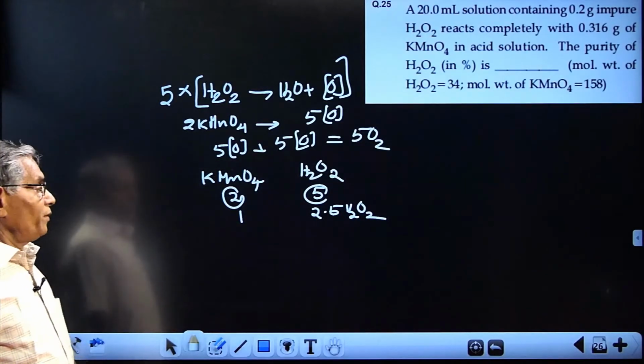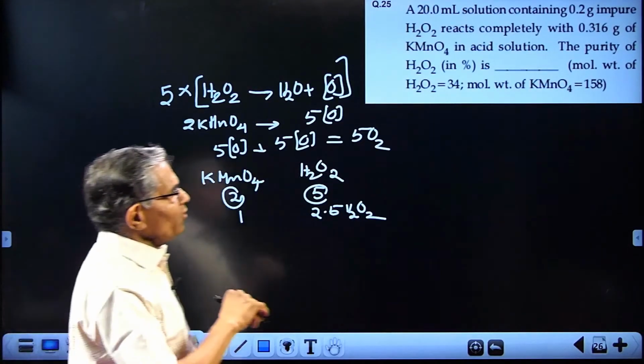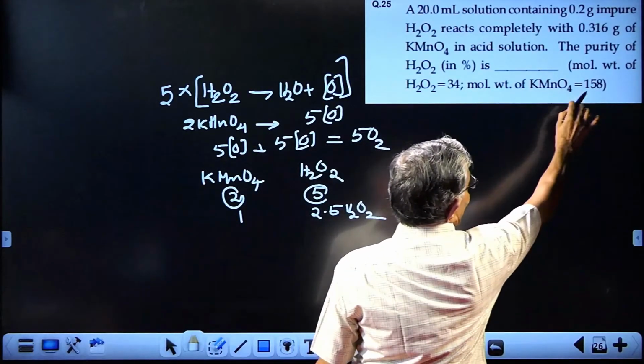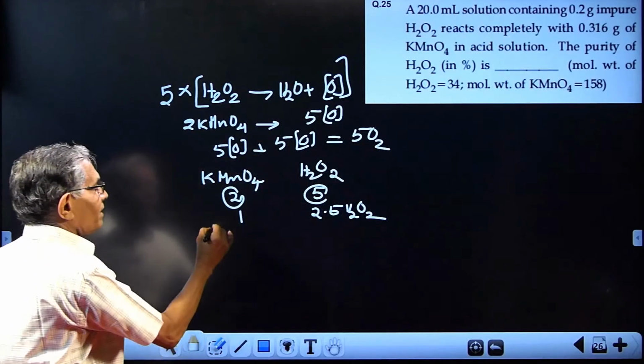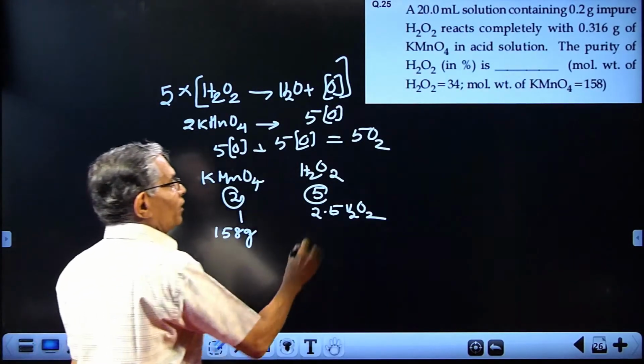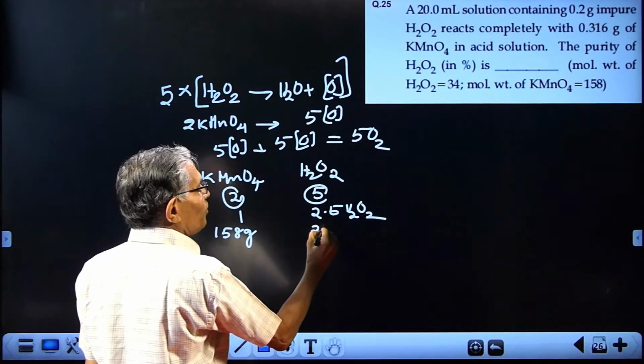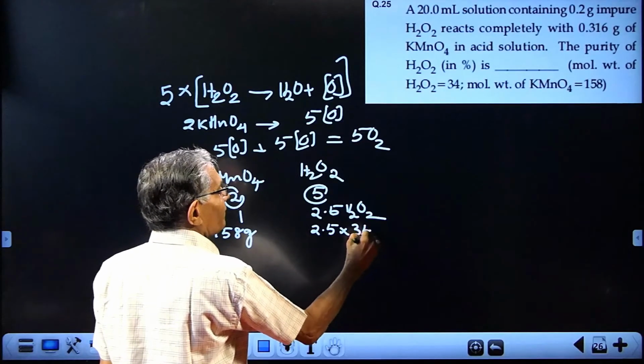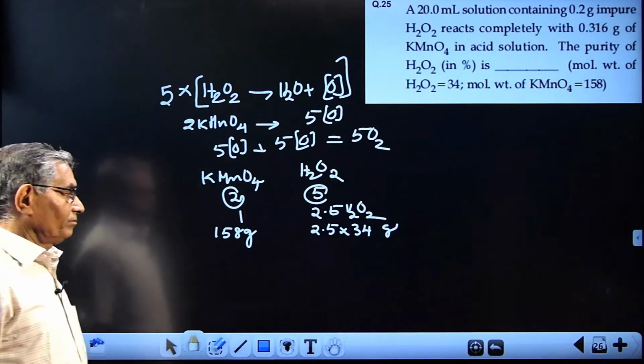This knowledge you have to know. Now, 1 KMnO4 means how much? KMnO4 molar mass is 158. So, 158 gram KMnO4 will require 2.5 H2O2, meaning 2.5 into 34 gram H2O2.